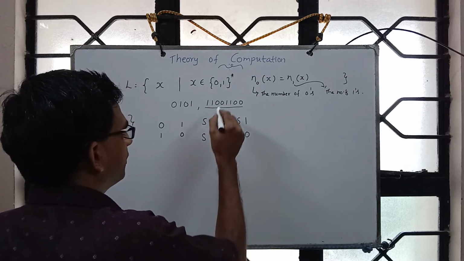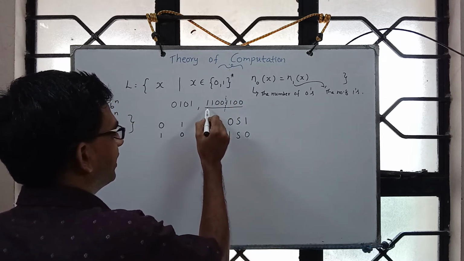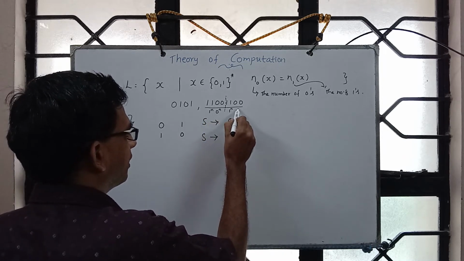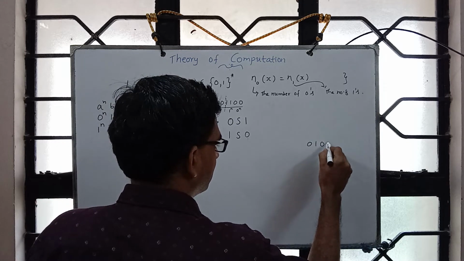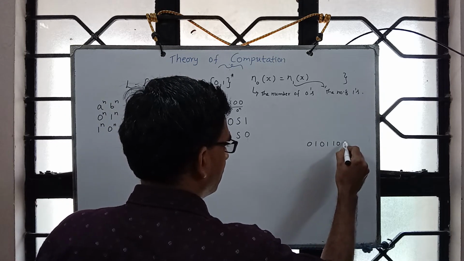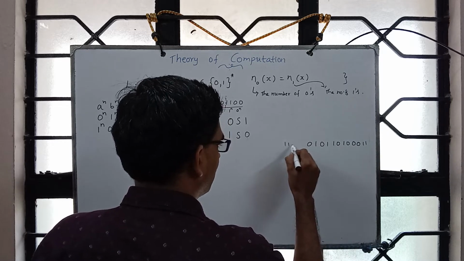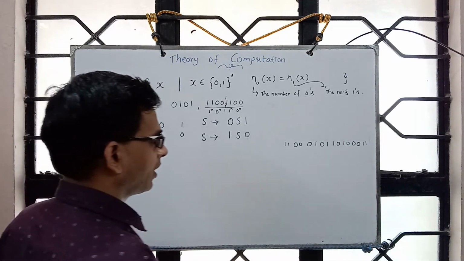You can split this as something like 1^n 0^n, 1^n 0^n. And take something like 0 1 0 1 1 0 1 0 0 0 1 1 1 1 0 0. Suppose you have a string like this.